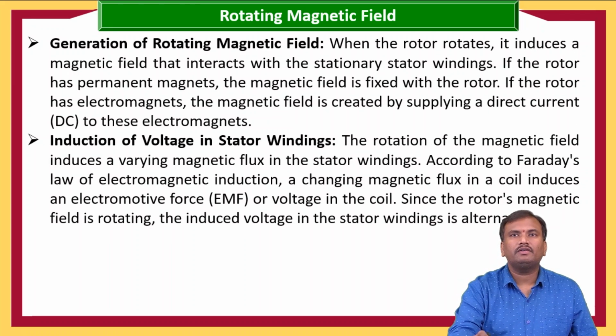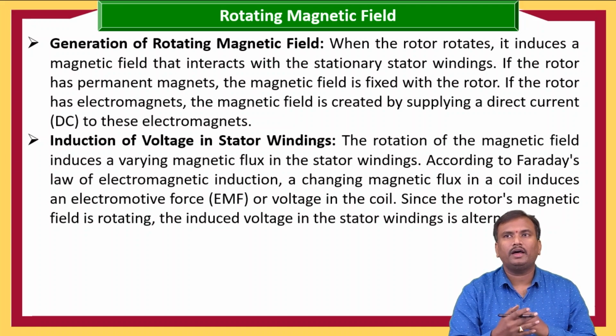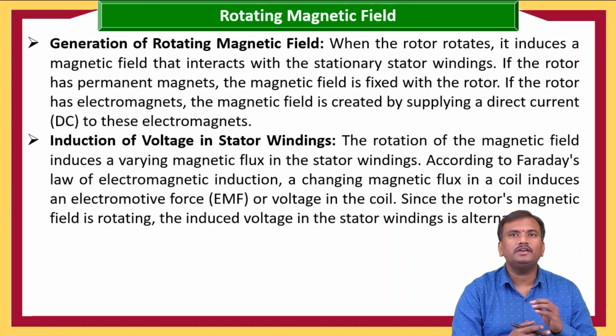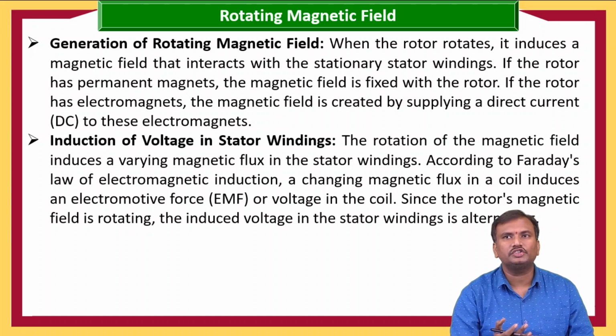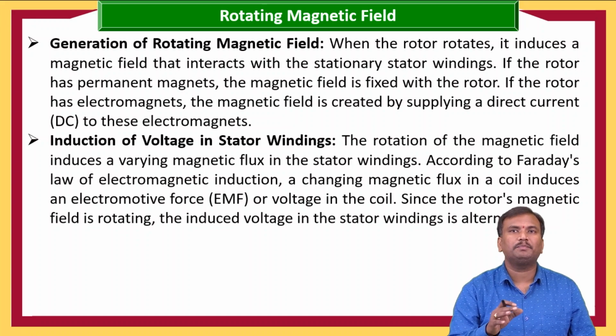Now, generation of the rotating magnetic field. When the rotor rotates, it induces the magnetic field that interacts with the stationary windings. If the rotor has permanent magnets, the magnetic field is fixed with the rotor.